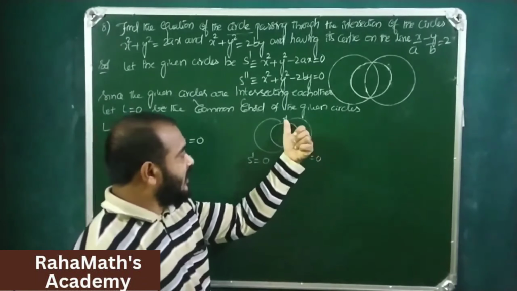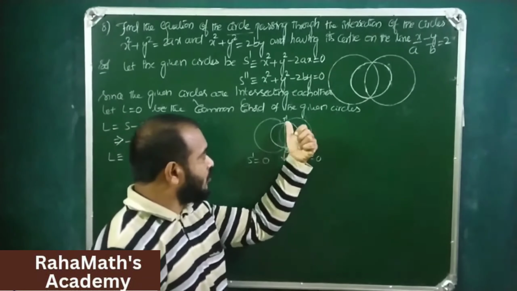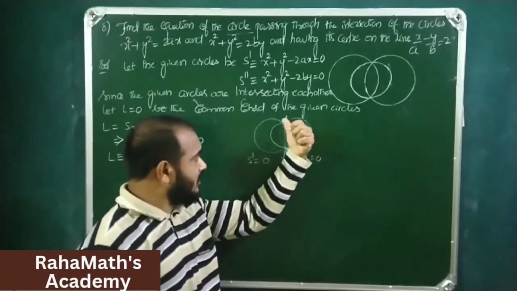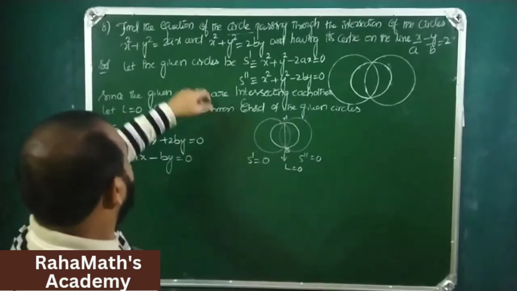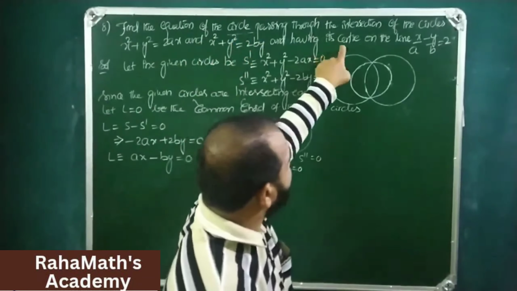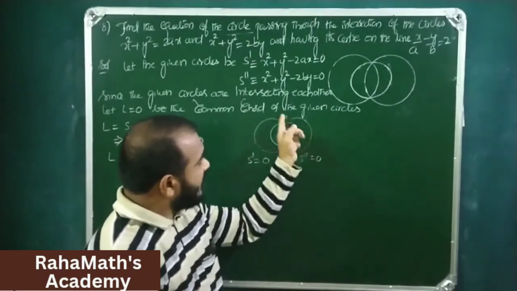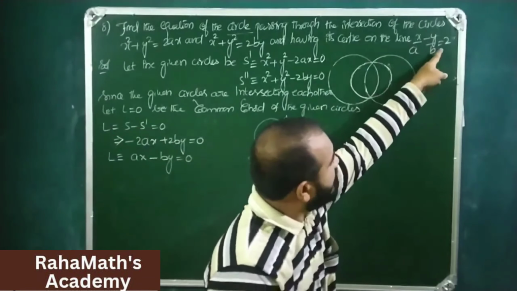So we need the equation of the circle passing through the points of intersection, A and B, this required circle, and having its center on the line.